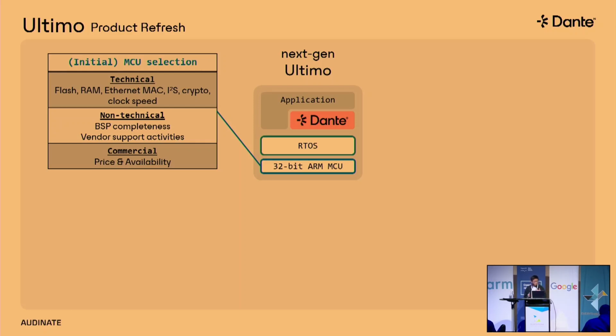On top of that, there are also non-technical factors: whether we have complete BSP support, whether the vendor is very active in fixing bugs and pushing upstream changes, and more importantly, the price point and the availability of chips.